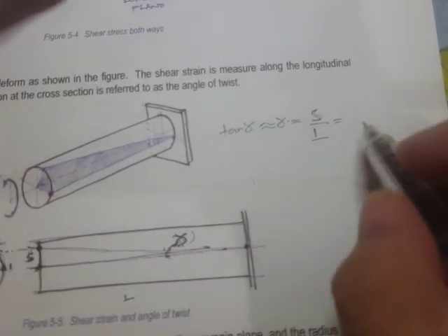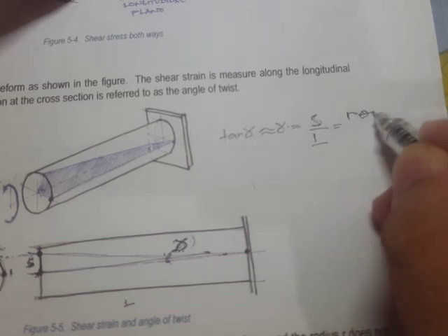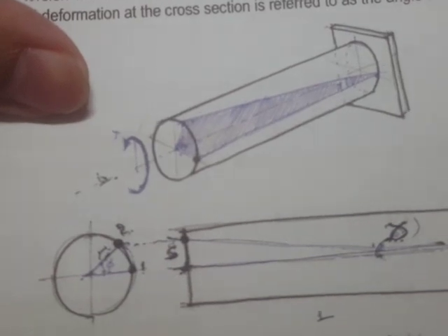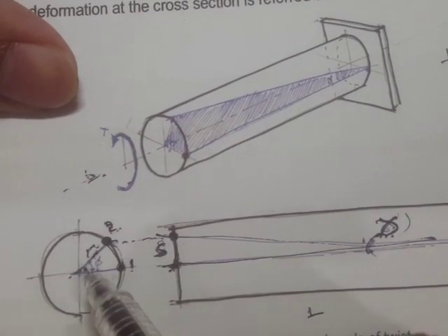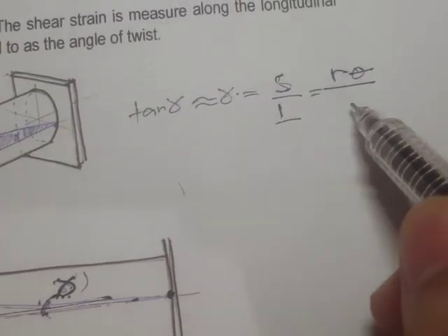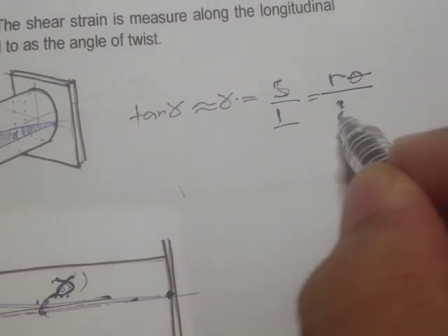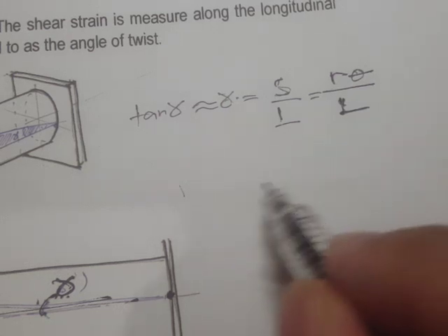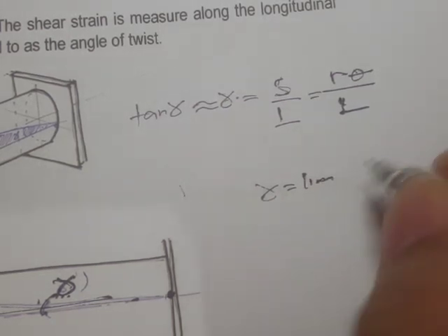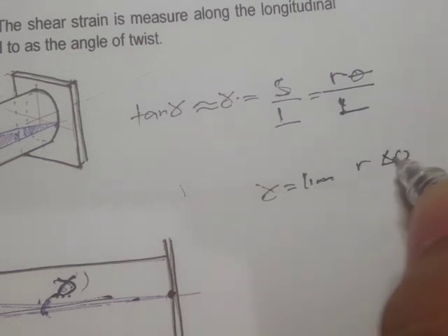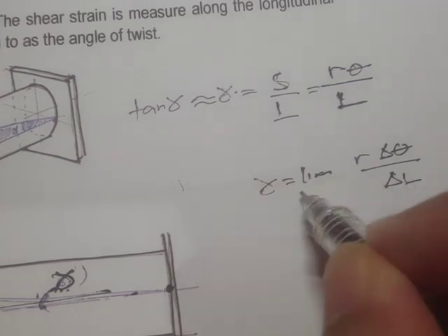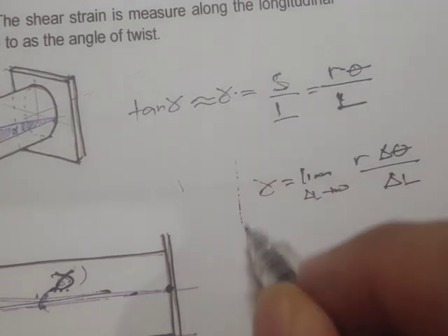So this arc length is just simply R times the angle, this angle right here, and this is L. We can also take a limit if you want, something like the limit of the change in this angle for the change in the length as delta L approaches 0.